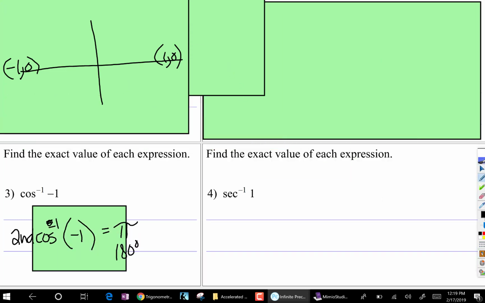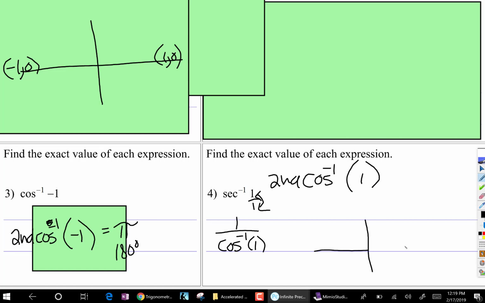So secant is the same as 1 over cosine. And then I'm going to put inverse 1. Well, the inverse of 1 is just 1, so you really could just say second cosine, and just for the heck of it, we'll flop those even though they mean the same thing, which is 1.